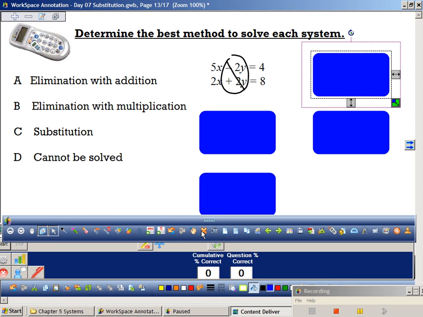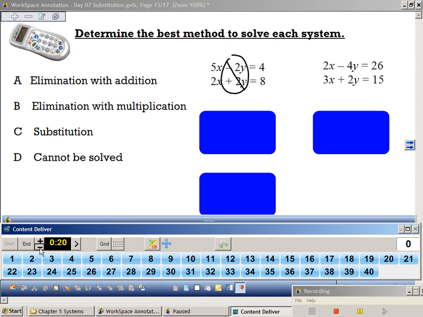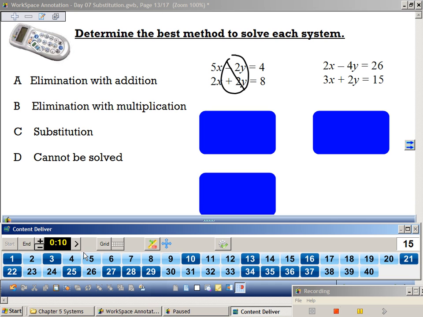Okay, what about this one? I guess I should start it, right? Yeah, that's the 7-minute bell.